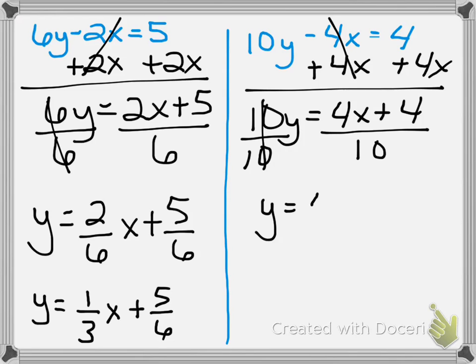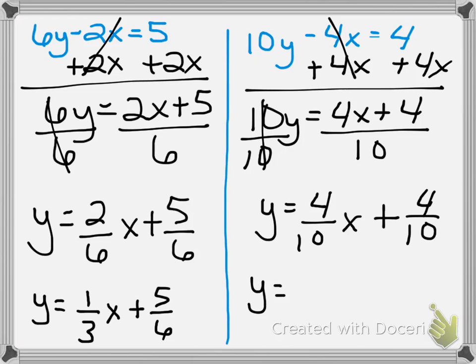Y will equal 4 over 10x plus 4 over 10. In each case, the 4 over 10s can reduce. So 2 goes into 4 twice. 2 goes into 10 5 times. Keep my x. And the same applies here. And my final answer would be y equals 2/5 x plus 2/5.